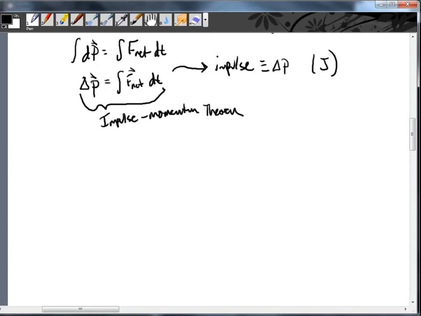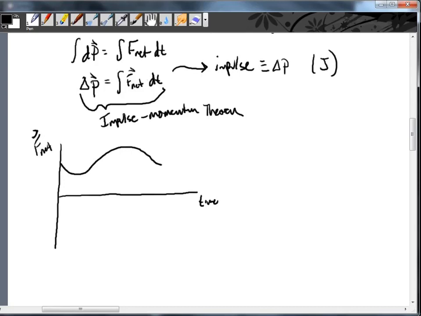Now, we've seen this sort of thing before, and we know that whenever we take an integral of a product, this is really just force times time, that we can graph it. If this is our net force over here, and it varies with time, here's our time, and this is our force.